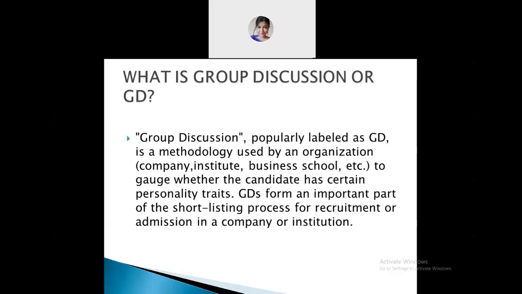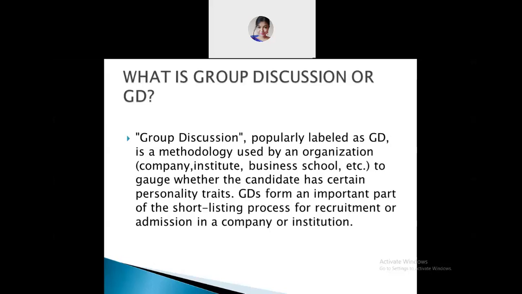At first you will be divided into groups. Secondly, the topic will be given to you. Third, you will be given a time limit, maybe 15 minutes, maybe 20, and you have to conclude the discussion within it. So you have to make proper use of the given time. That is the basic concept of group discussion.